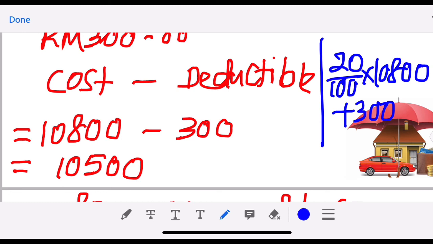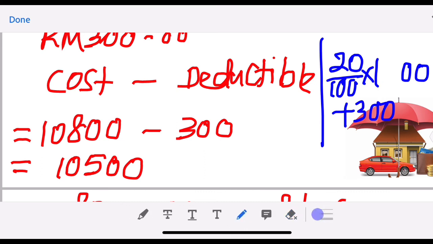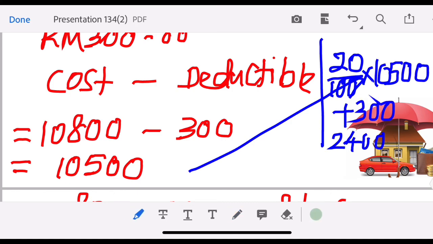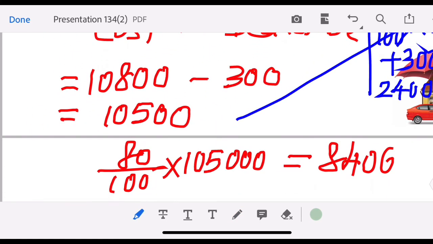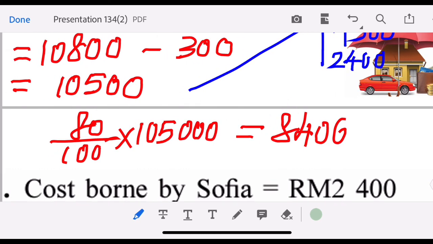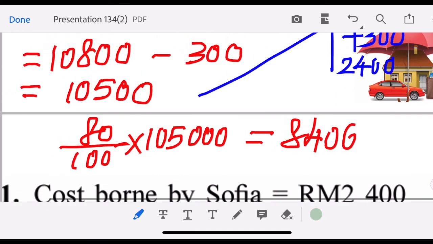So if you calculate 20% times 10,500, after deducting the deductible cost, it's actually 2,400, right?